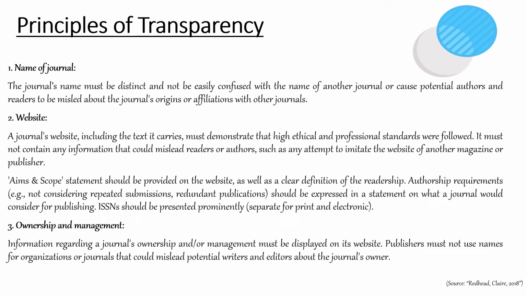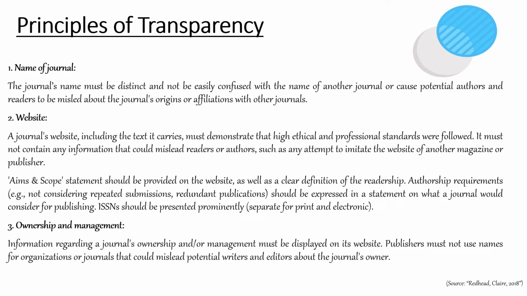Now here come some principles of transparency. The first one is the name of the journal. The journal's name must be distinct and not easily confused with the name of another journal, or cause potential authors and readers to be misled about the journal's origins or affiliations. Second is the website.